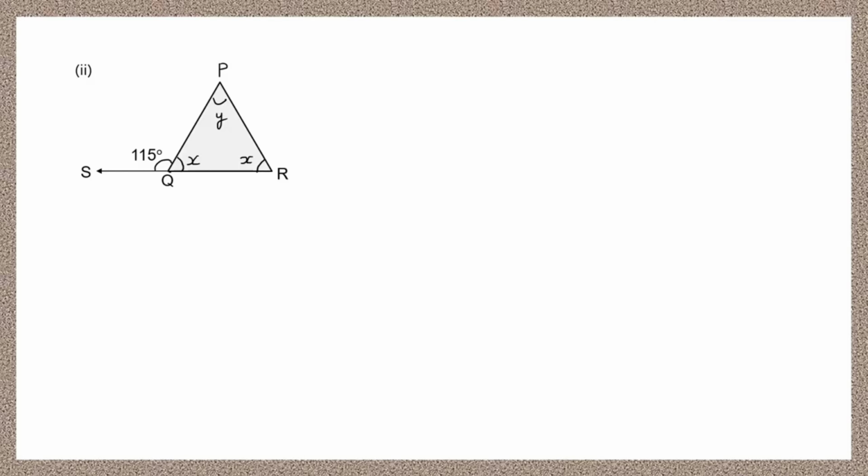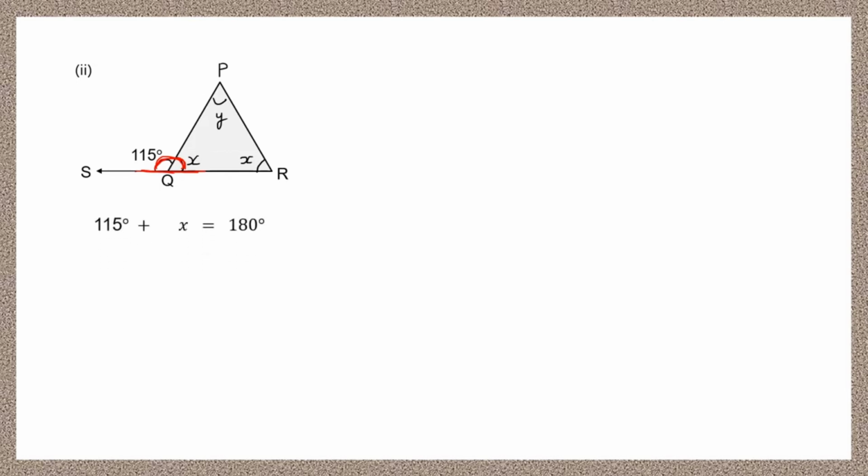But since we don't know the values, we are going to use another property. If you observe carefully, 115 and x, these two angles, are lying on the same straight line. Can you see that? Both are on the same straight line. So we are going to use a property which concerns angles on a straight line.